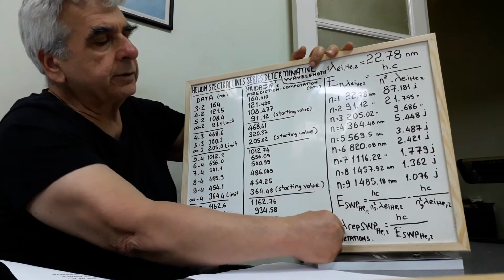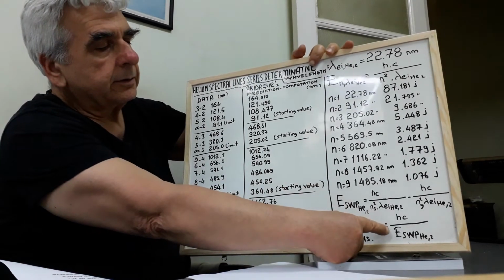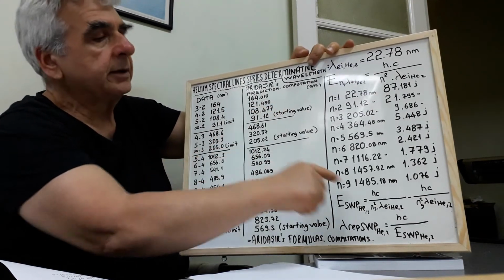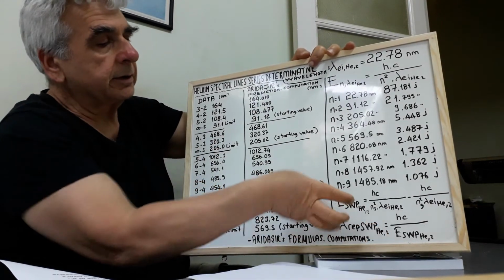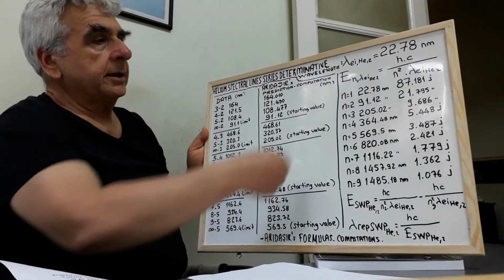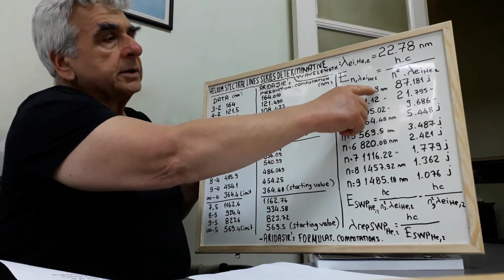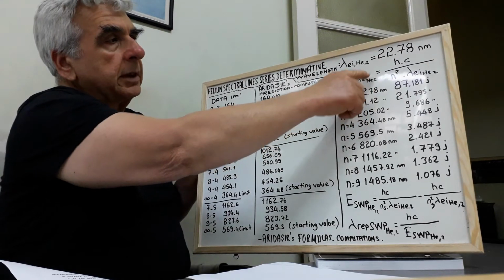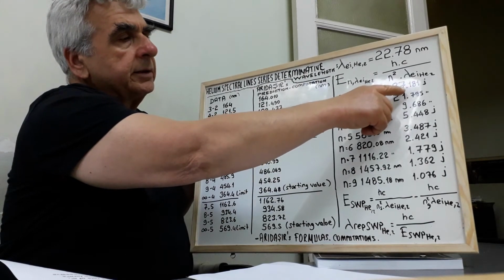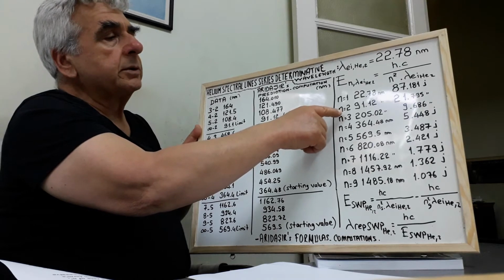Then we computed its representative wavelength here, and each line's wavelength is representative wavelength according to my theory and my formulas here. Okay, firstly, n equal to 1, 22.78 nanometer, lambda EI 22.78, and corresponding energy 87 point etc. n equal to 2.